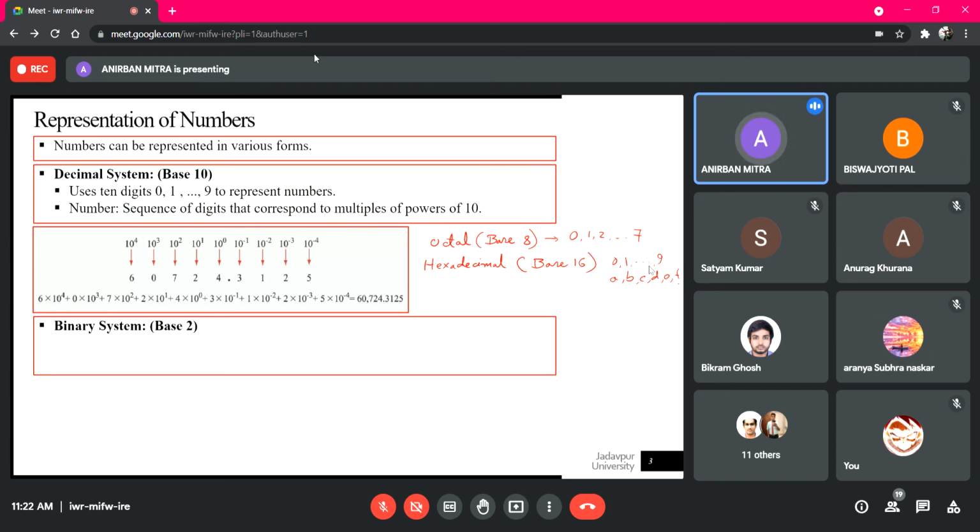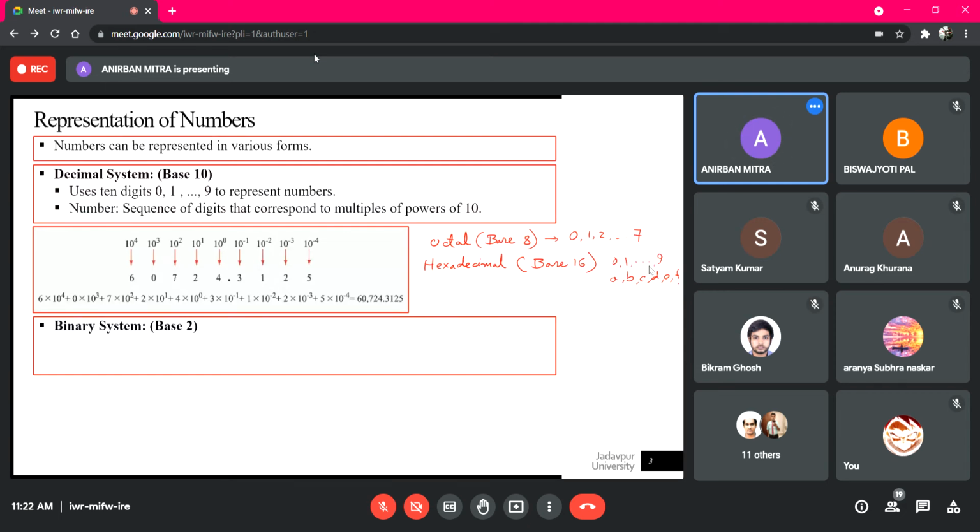Then it becomes 10. 10 means 1 unit. You go from 0, 1, 2, 3, 4, 5, 6, 7, 8, 9. Then 10. 10 is A. 11, 12, 13, 14, 15. That is altogether 16 digits. The 16th one becomes 1 unit again. Okay.